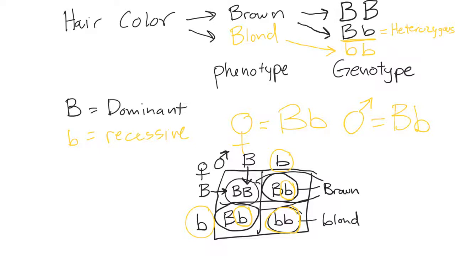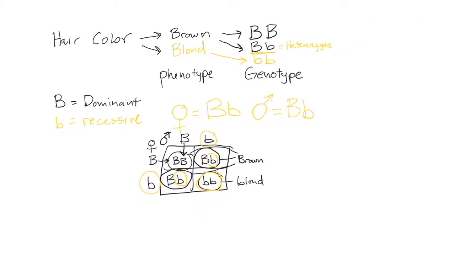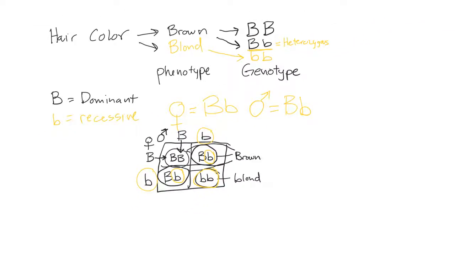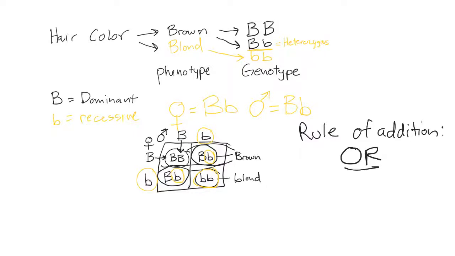Okay, so we can use the rule of addition and the rule of multiplication to determine probabilities. In the rule of addition, what we're looking at is what's the probability of this event happening or this other event happening.